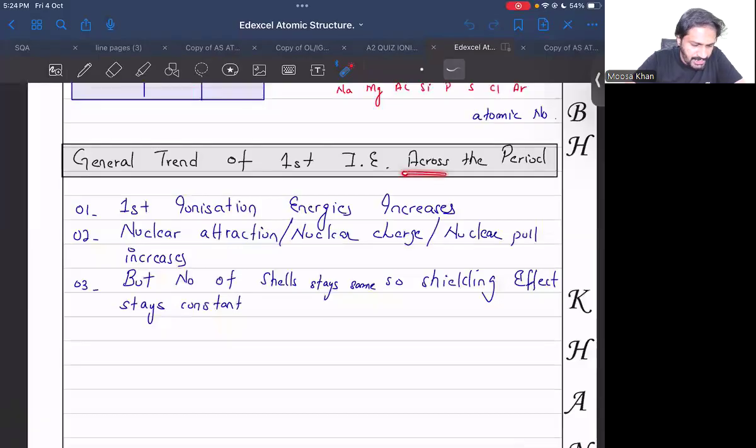So first ionization energies across the period always increase due to increase in nuclear attraction.